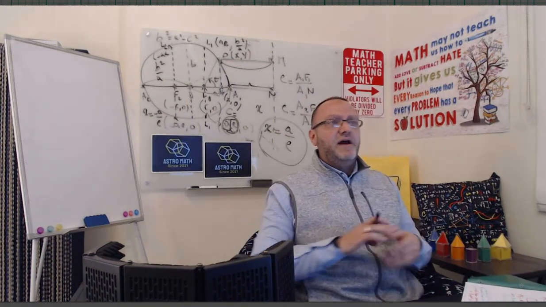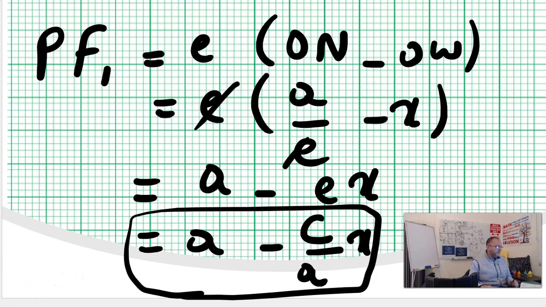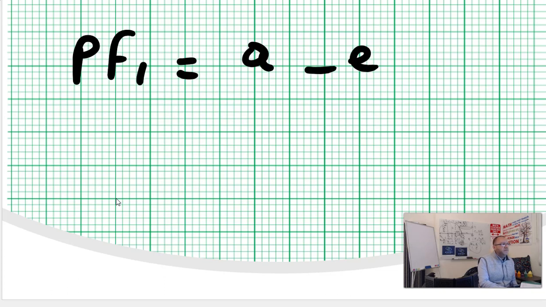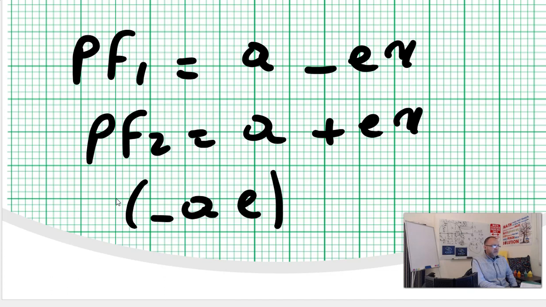Now, if you go to the other direction, on the other side, what do you get? On this side, we got what? Absolutely, yes. You got it in the other direction. So in this direction, you got PF1 equals A minus EX. If you go to PF2, you're going to get A plus EX if you follow the same, because for the F2, we use this minus A times E for the C. That was your C, right?